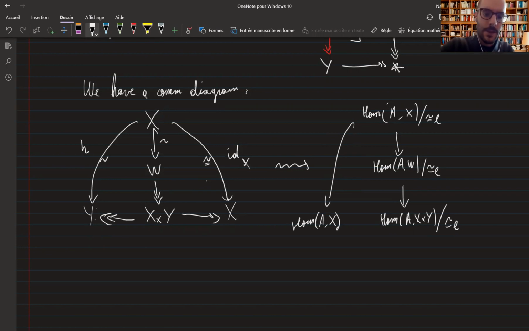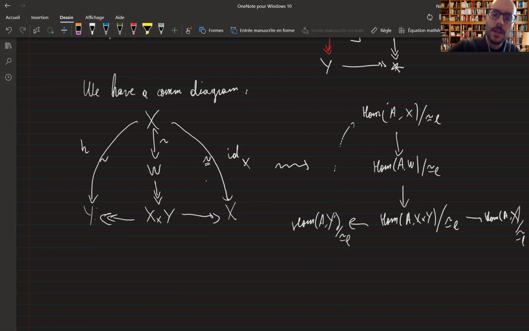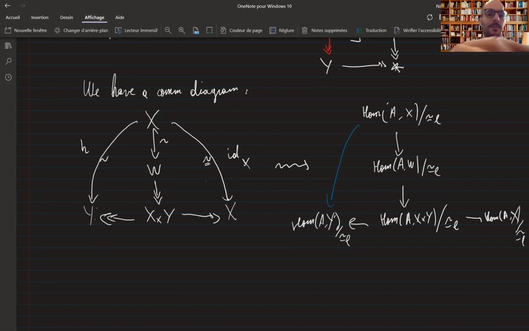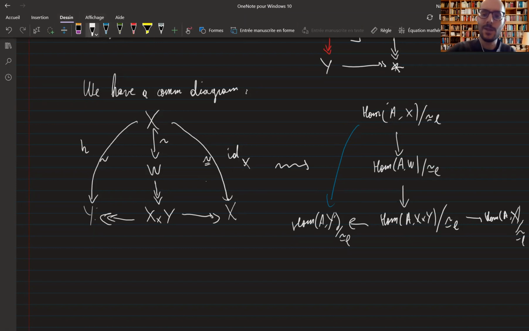And this is, of course, the identity of X. So this is Y. All right, and our goal is to prove that this blue map is a bijection. This is what we want to do.